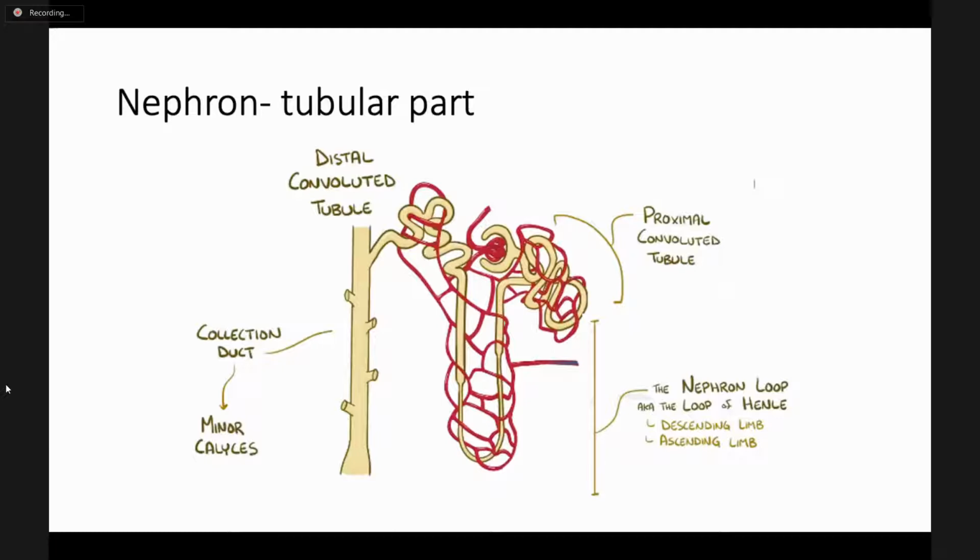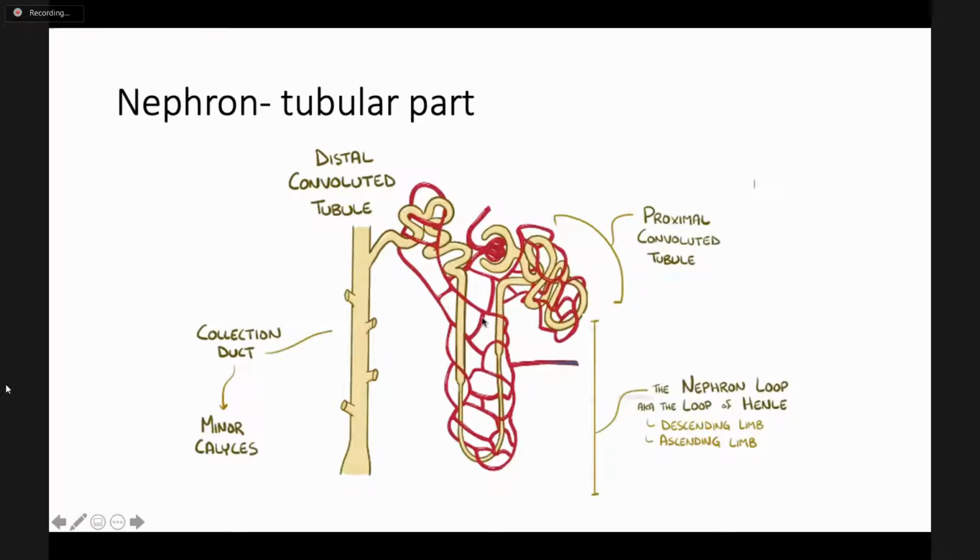Okay, this is again the tubular part. You start with the Bowman capsule here. Then the convoluted one, because it is convoluted, this is proximal. Then there is another convoluted, this is distal. So in between these two, there is the loop of Henle, with descending and ascending. So descending you have thick and thin, ascending you have thin and thick.